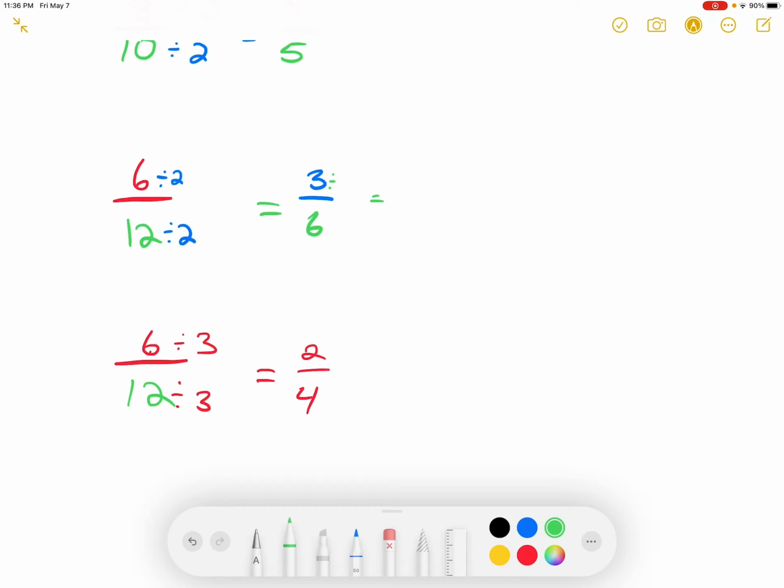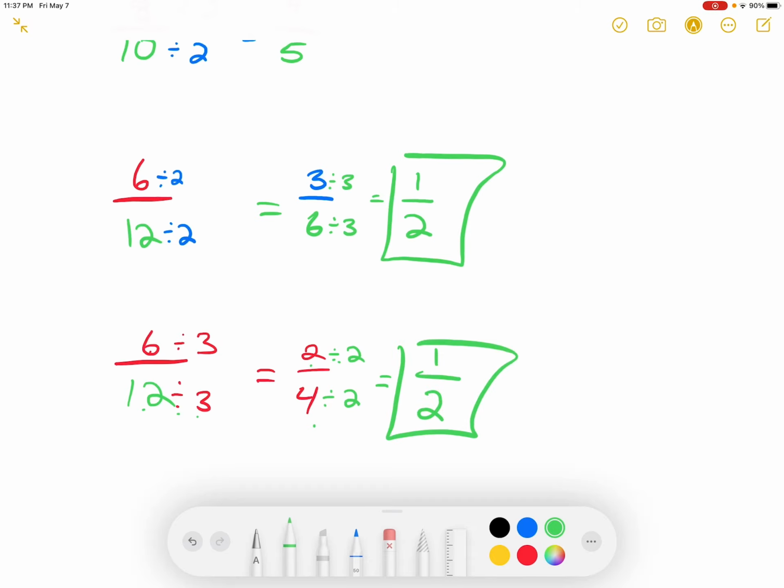I'm glad I checked. 6 divided by 3 is 2, and 3 divided by 3 is 1. So that's the lowest common terms. And we can prove it over here as well. 6 divided by 3 is 2. 12 divided by 3 is 4. And I can reduce these because they're both even numbers. 2 divided by 2 is 1. 4 divided by 2 is 2.